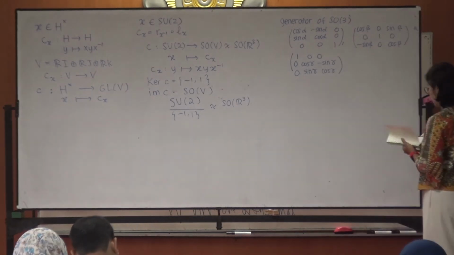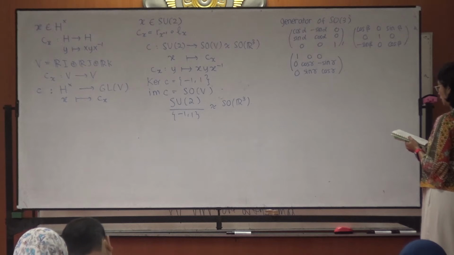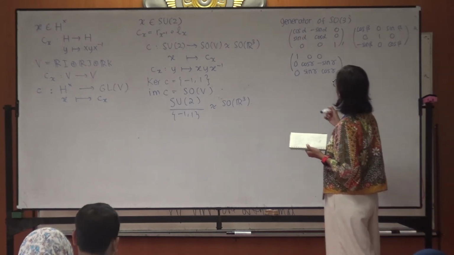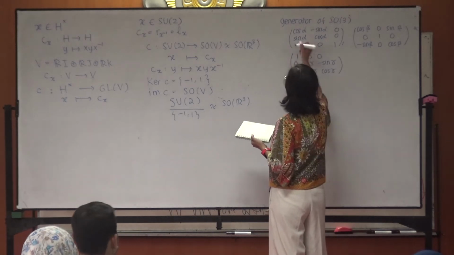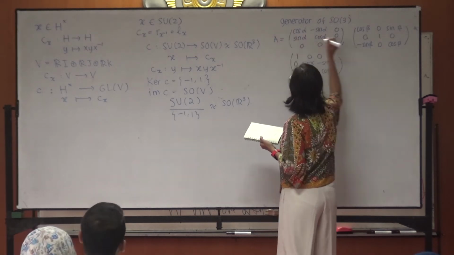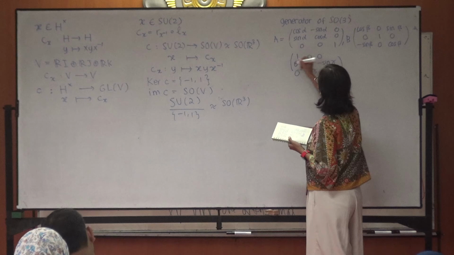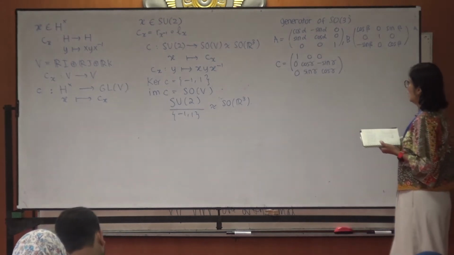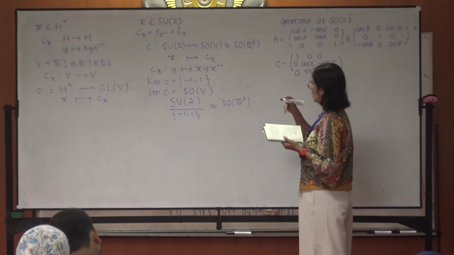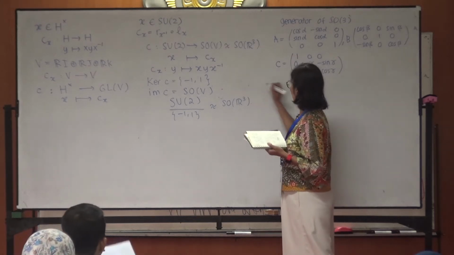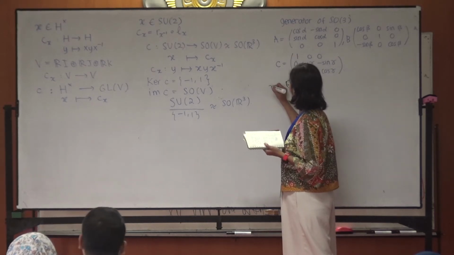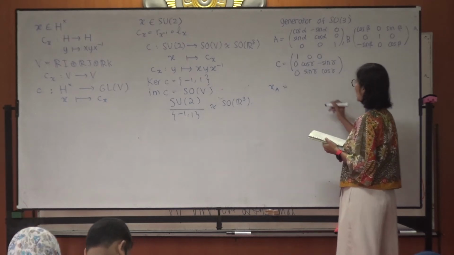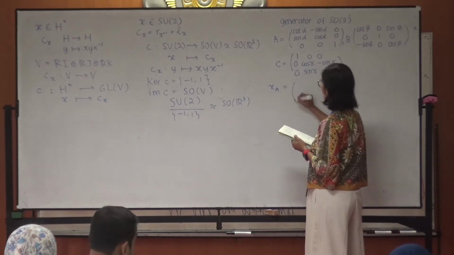And this is quite a long computation. Let me call these matrices A, B, and C. Let me take for A, maybe I call it XA, this matrix.